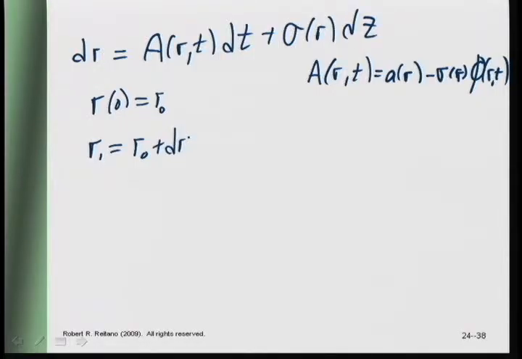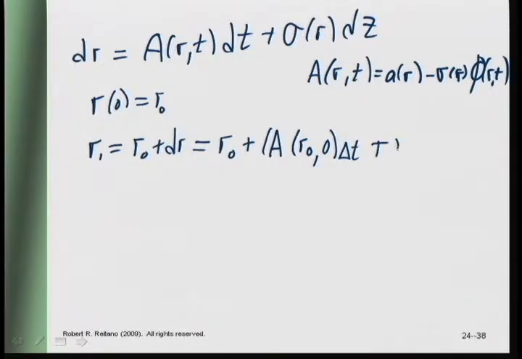So we've picked a time interval, and what's the approximation for dr? Well, this formula says take the A function, evaluate it at R0 and time 0, and multiply that times delta t, whatever my time interval is.